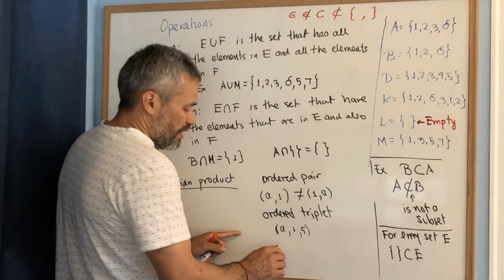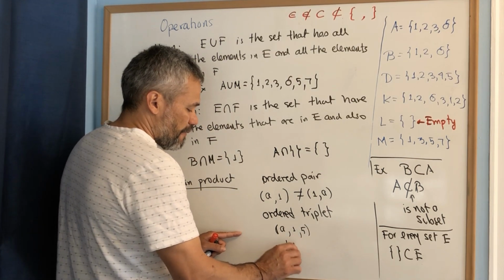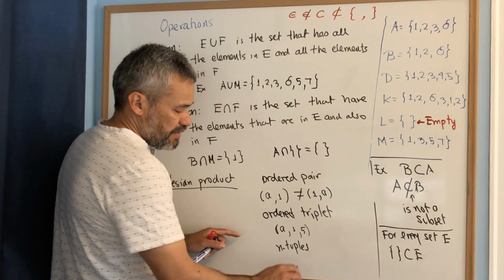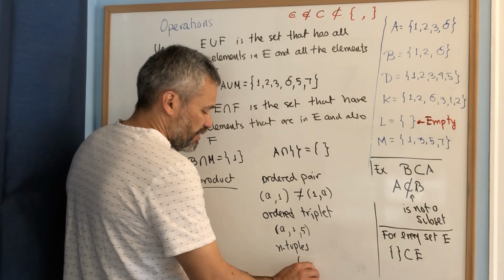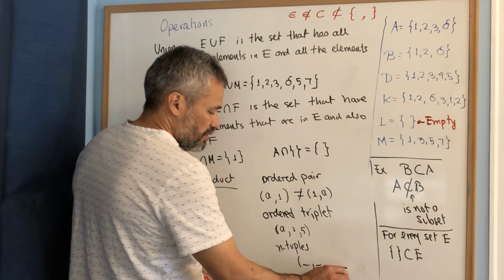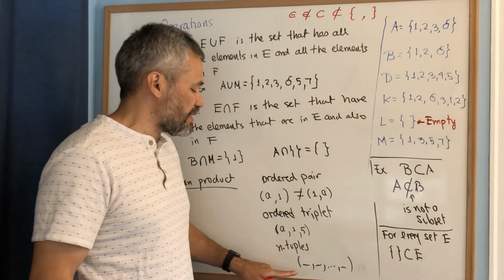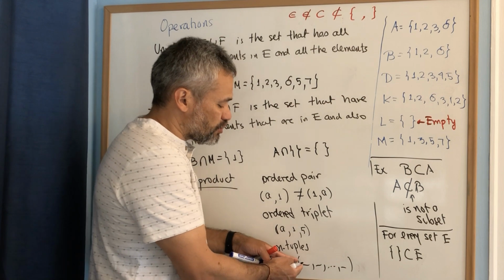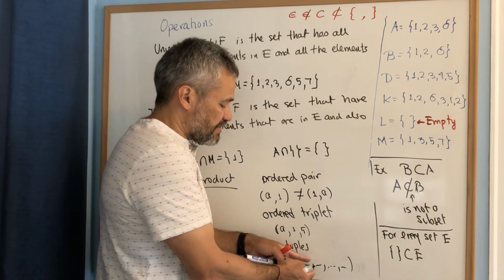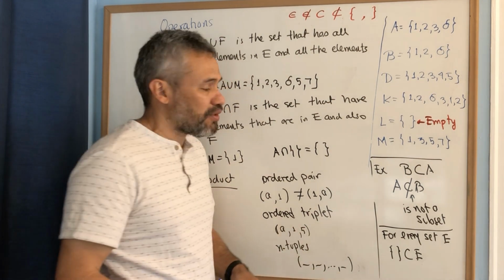And in general, we can define n-tuplets. And they are made out of n elements. And the property is that 2 n-tuplets are the same if their first element is the same, if their second element is the same, and so on.